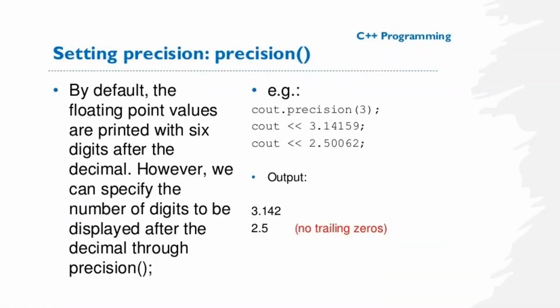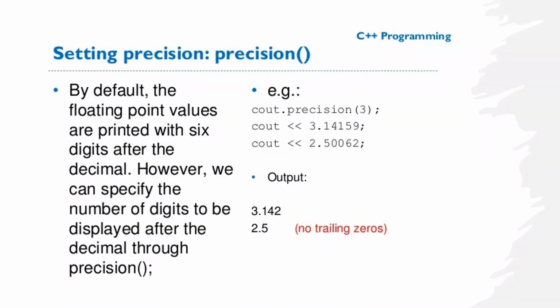Setting precision. By default, floating point values are printed with 6 digits after the decimal point. However, we can specify the number of digits to be displayed after the decimal point through precision. For example, cout.precision(3) means that after the decimal point, only 3 digits will be displayed.